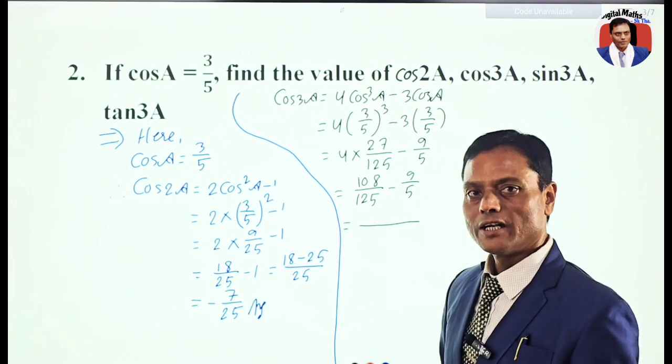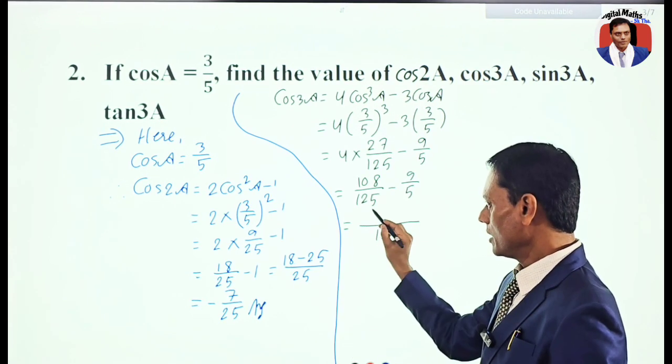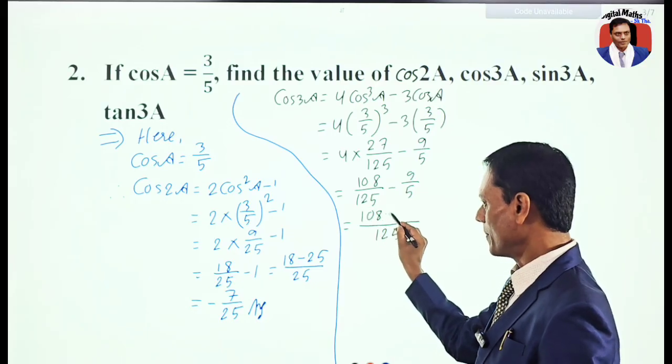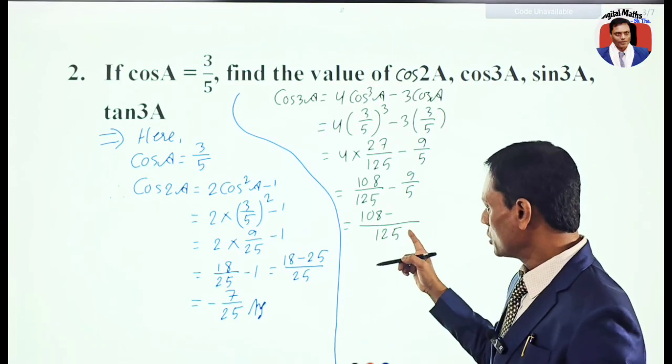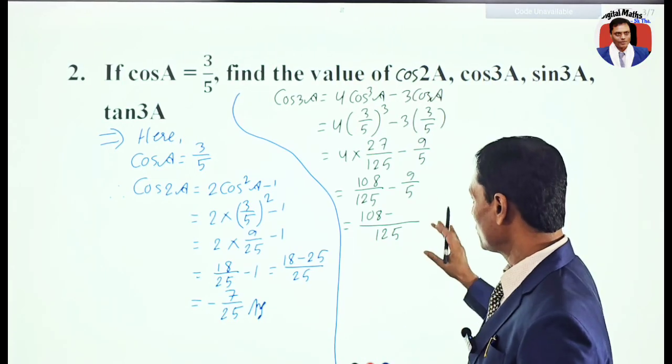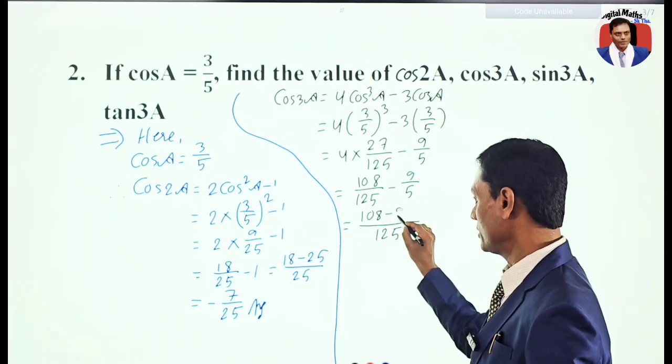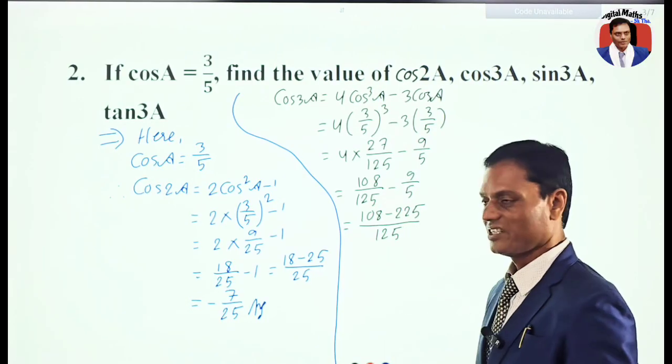Here the LCM of 125 and 5 is 125, and we can write here 108 minus 125 divided by 5 is 25, and 25 into 9 is 225, isn't it?